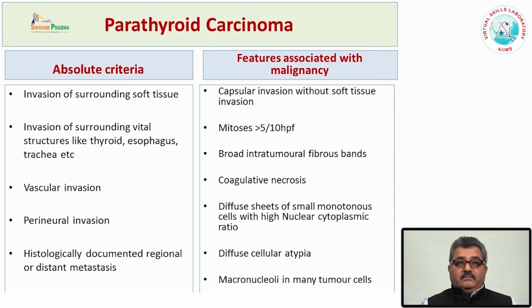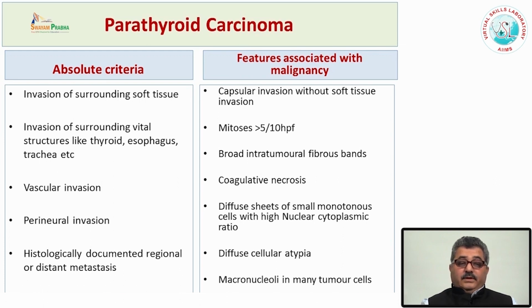But as I mentioned, sometimes there is cystic change in the parathyroid adenoma, which causes adhesions with the surrounding soft tissue and can mimic invasion into the surrounding soft tissue. The other features are invasion into the surrounding structures like thyroid, esophagus, and trachea.